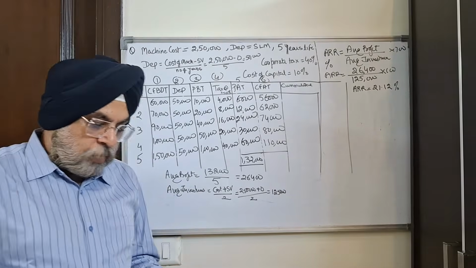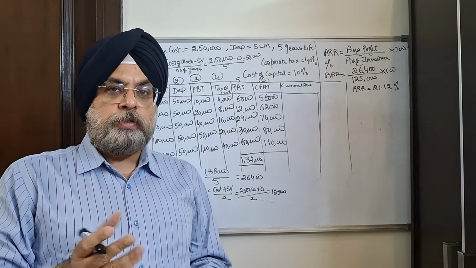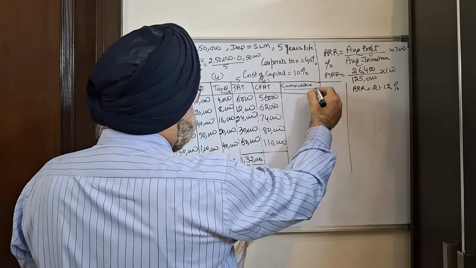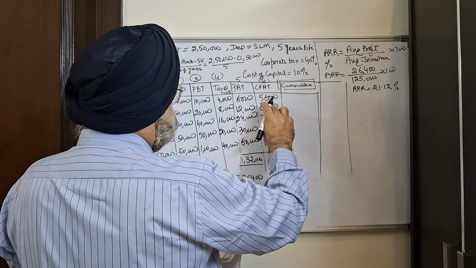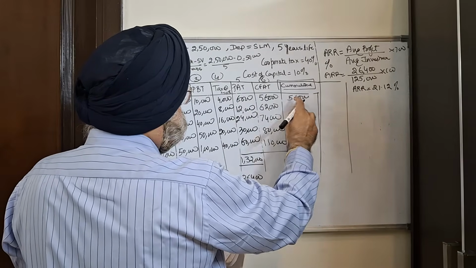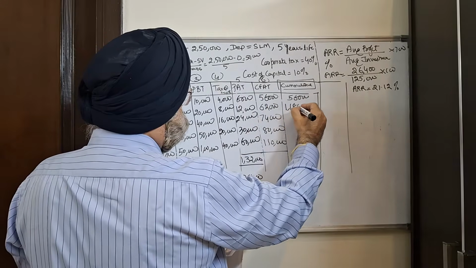Now we have to calculate our payback period, which is also a non-discounting cash flow technique. So what we will do is the cumulative. 56,000 for the first year plus 62,000 amounts to 1,18,000.